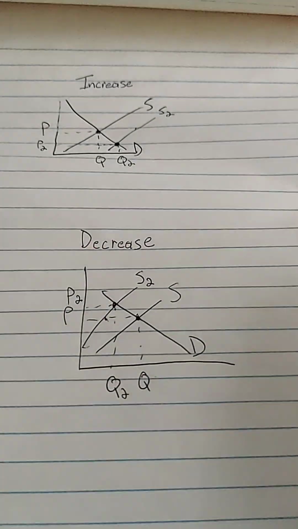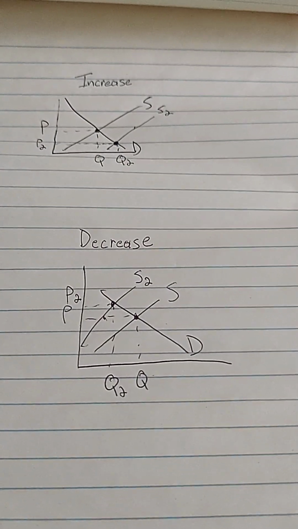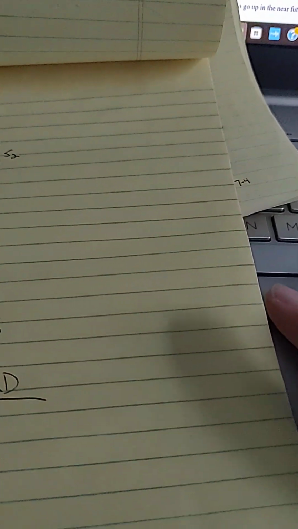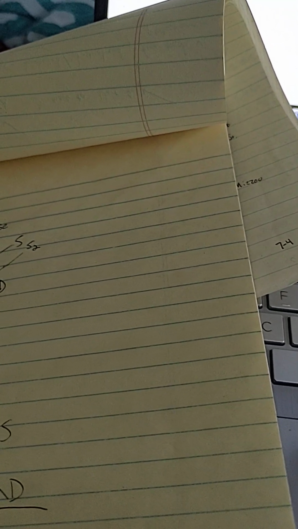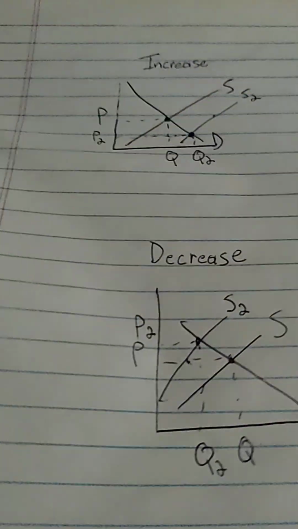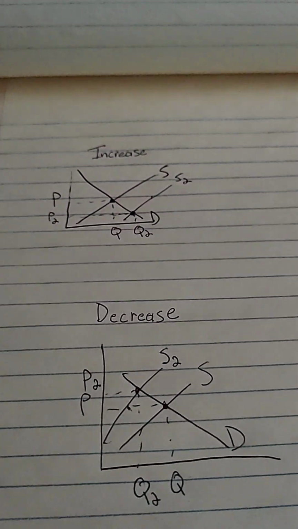So in essence, there were 3 on here that were decreases. I believe it was 1, 4, and 9. Let me double check that again. Yeah, it's 1, 4, and 9 are 3 decreases. Everything else is going to be an increase.